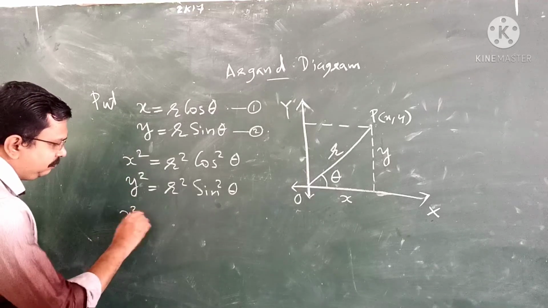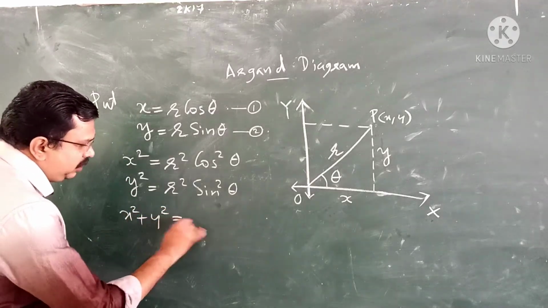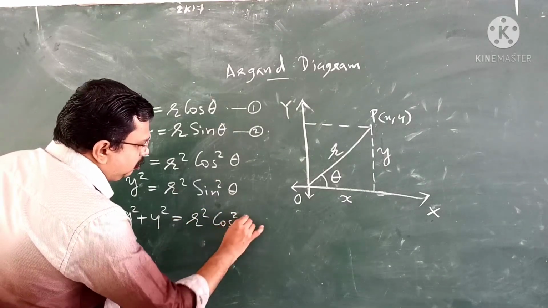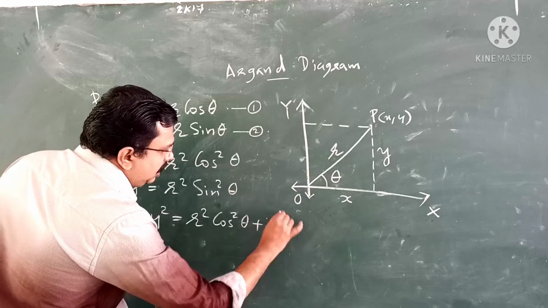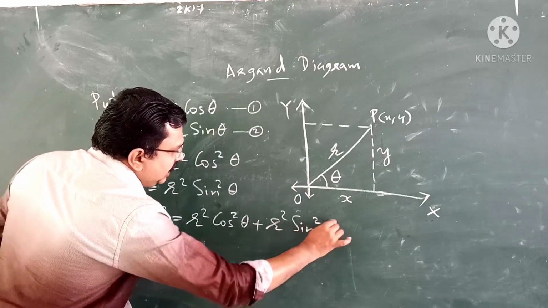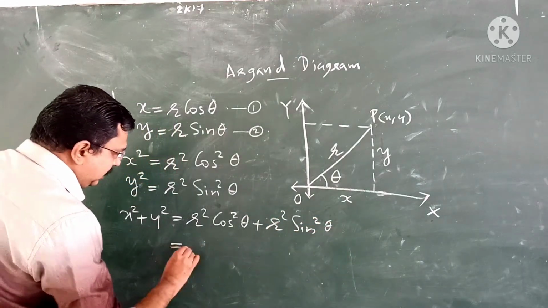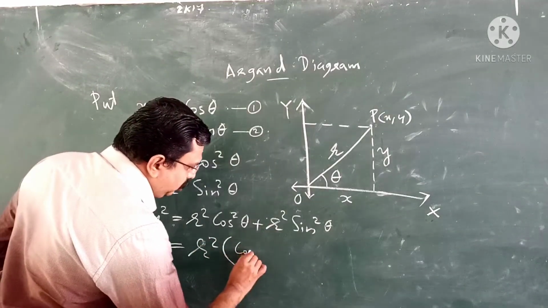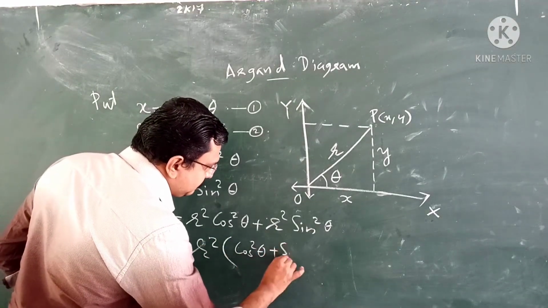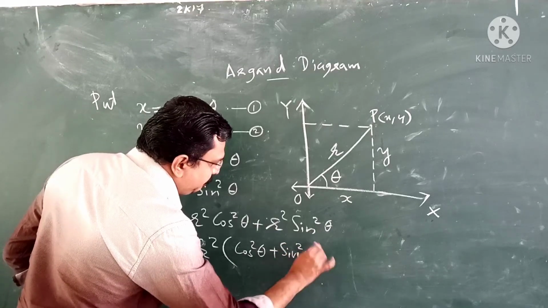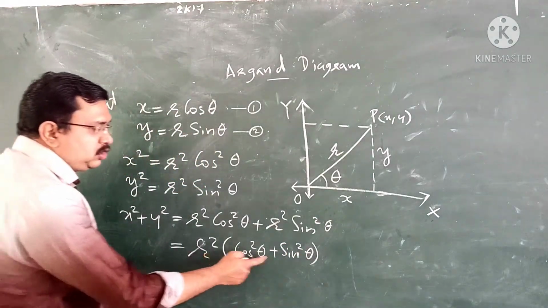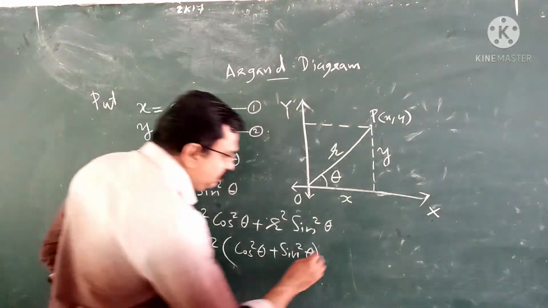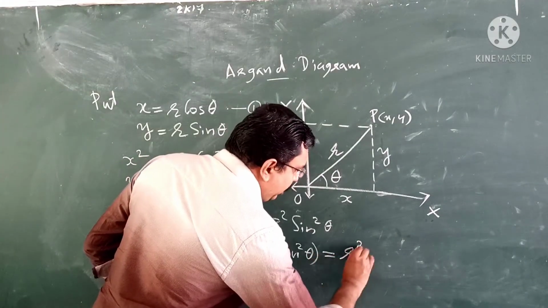Then we get x square plus y square equal to r square cos square theta plus r square sin square theta, which is r square into cos square theta plus sin square theta. But we know that cos square theta plus sin square theta is 1. Therefore, it becomes r square into 1.